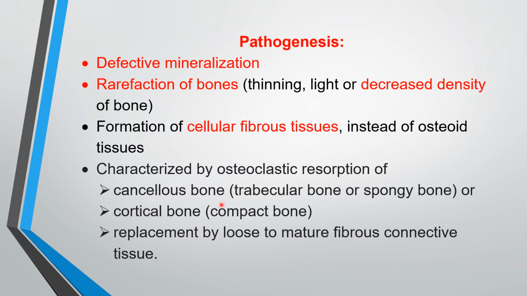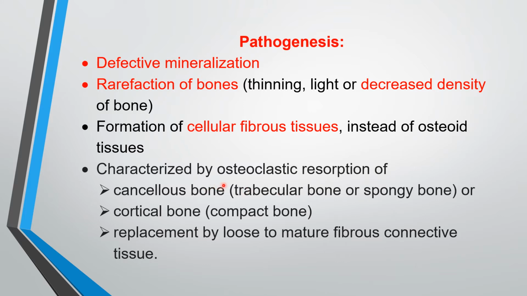What is cancellous bone? Cancellous bone is a trabecular bone or spongy bone. Trabeculae are the pillars and beams and plates of the bone. If there is osteoclastic resorption, the bone becomes spongy, sponge-like.